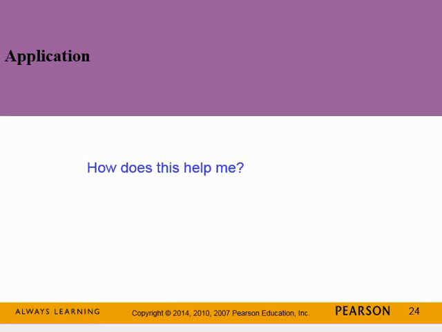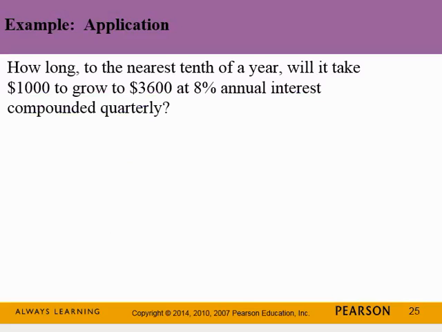The next part we're going to talk about is application. How does knowing how to do this actually help you? Think about money. How long, to the nearest tenth of a year, will it take $1,000 to grow to $3,600 at 8% annual interest if it's compounded quarterly? So we have our equation.